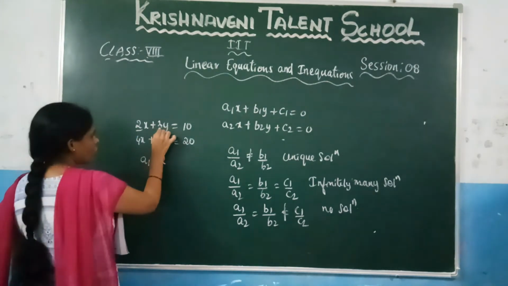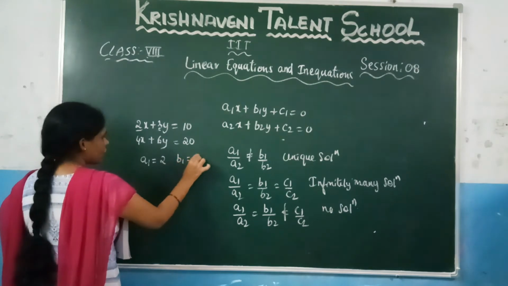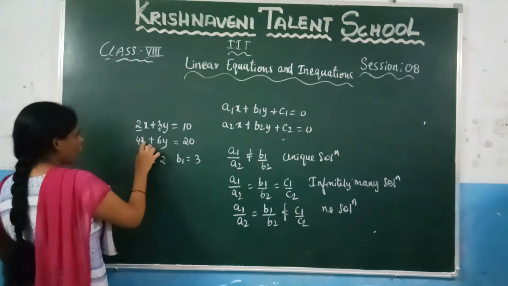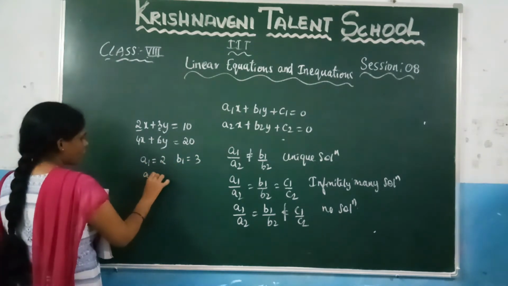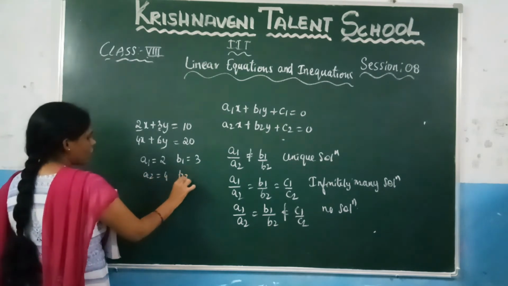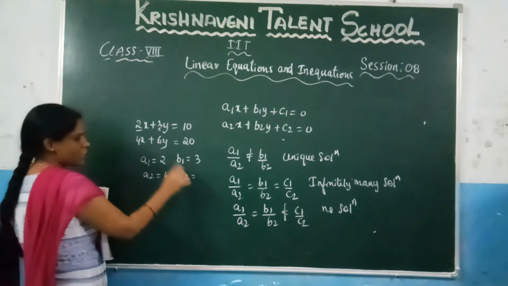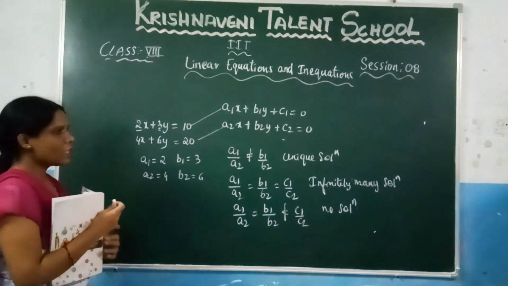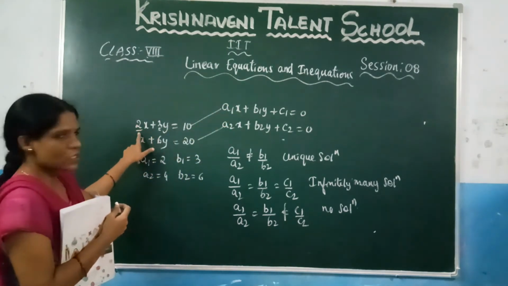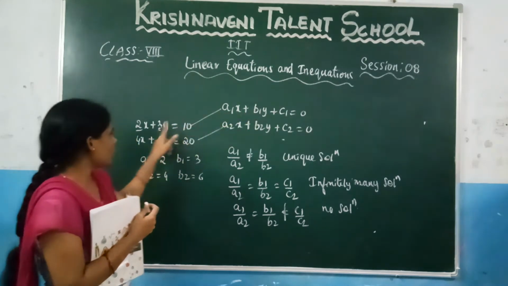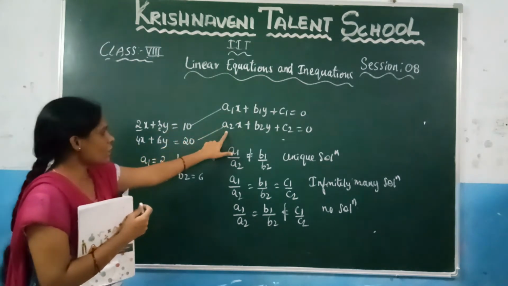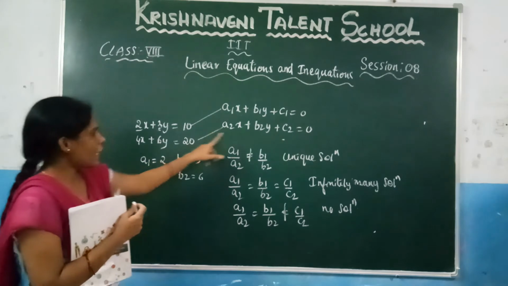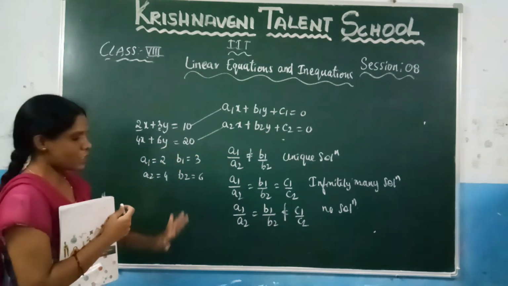And the value of b1 is 3, the value of a2 is 4, and the value of b2 is 6. Just compare this one with this one, and this one with this one.